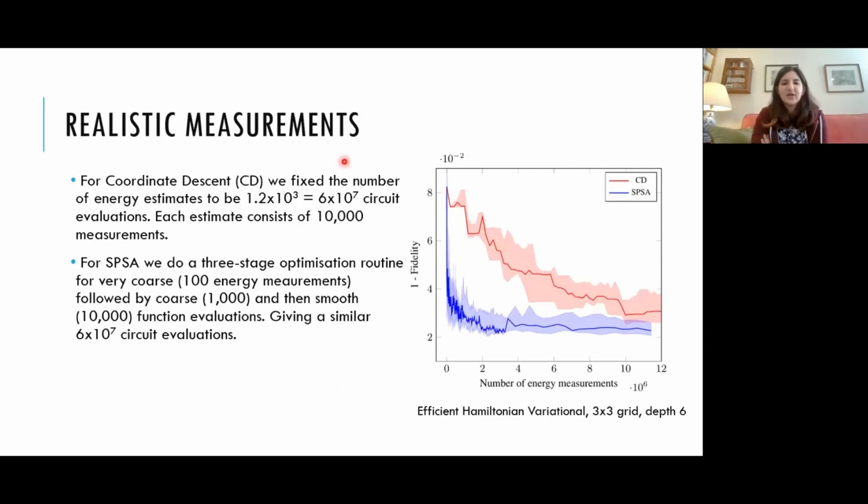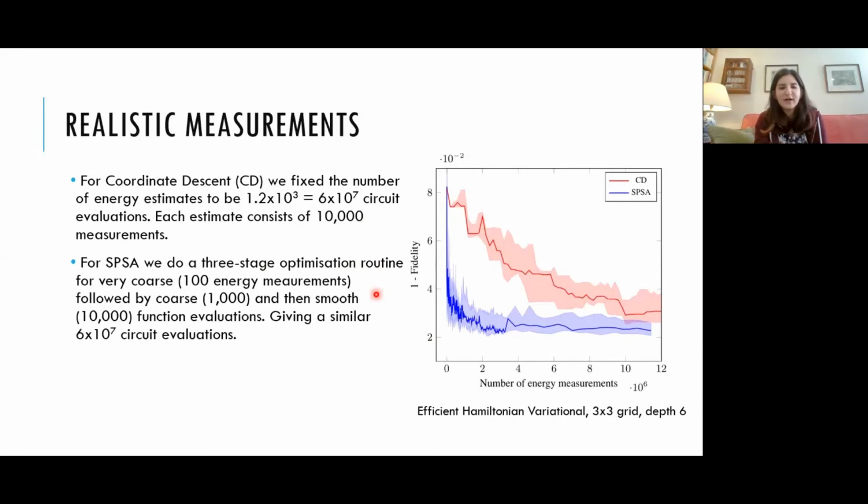To compare the two, we fixed the number of circuit evaluations we wanted to do. For coordinate descent, at every step we need really accurate estimates of the energy, so at each step we're doing 10,000 measurements. This is why this line looks smoother than the other one, because for SPSA we do a three-stage optimization routine. We modified normal SPSA to do this.